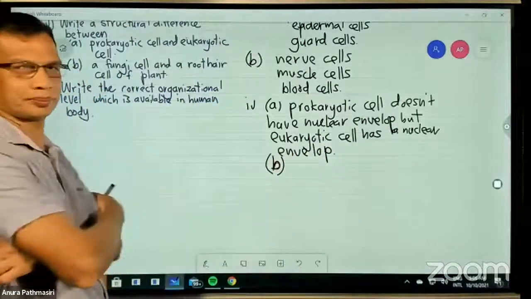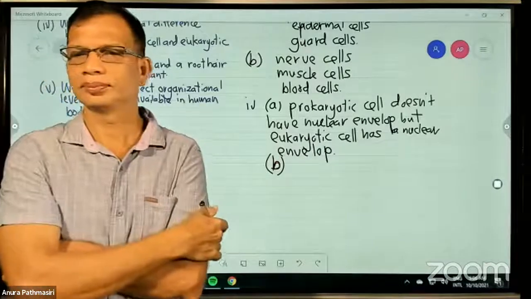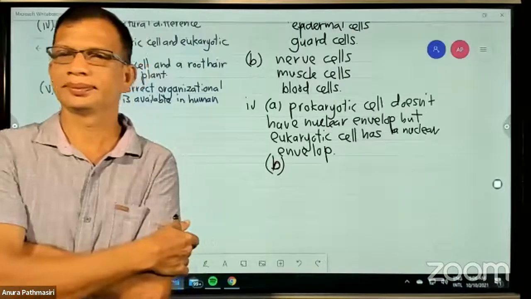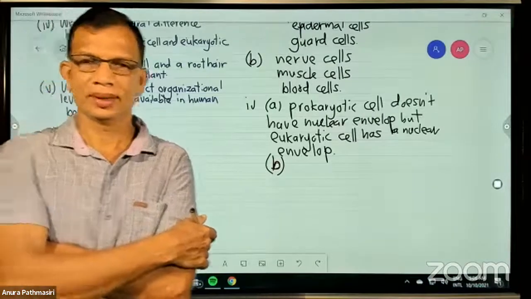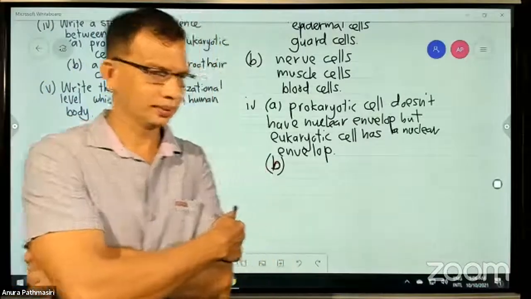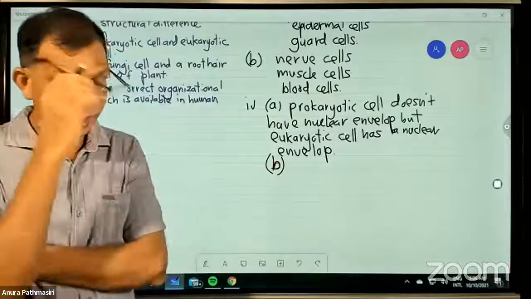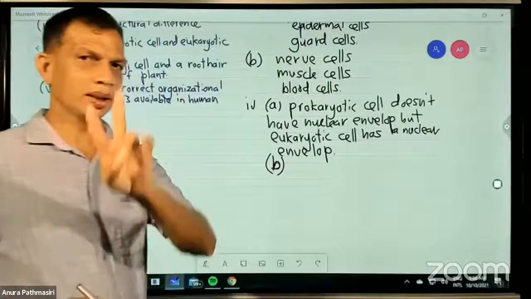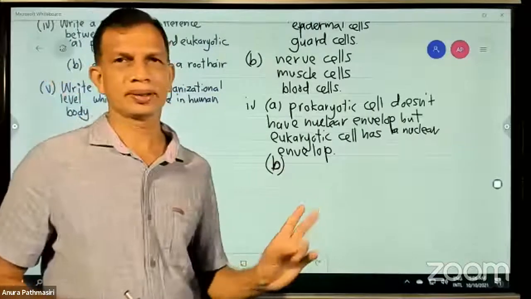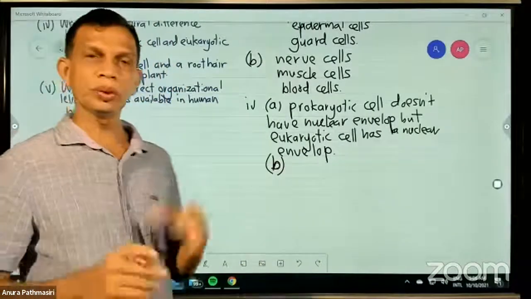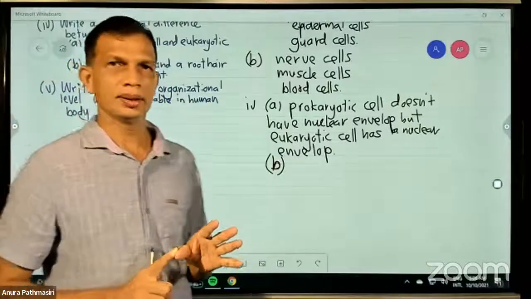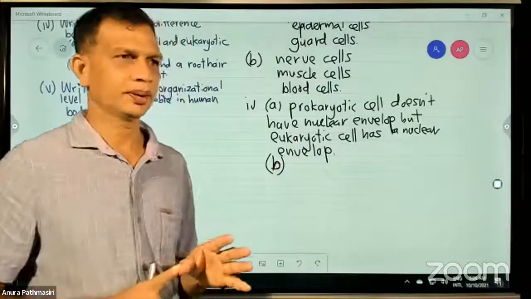Right. What's the answer for this one? Randu. Buddhima. Ashwini. Why did I select the root hair cell? You know that there are two answers for this, right? If you consider the fungi, it is heterotrophic.